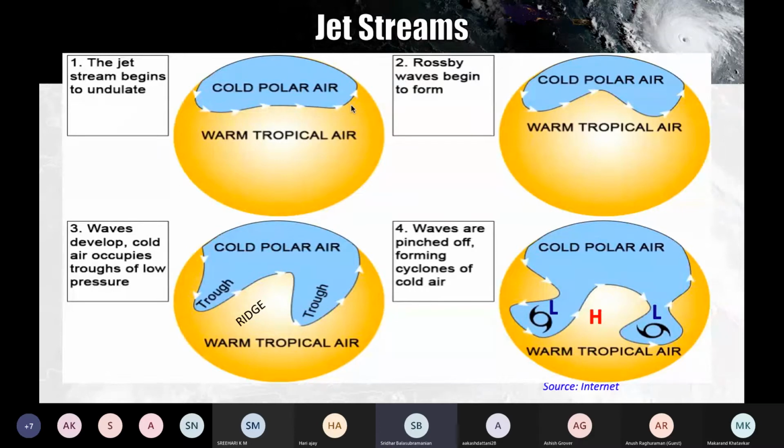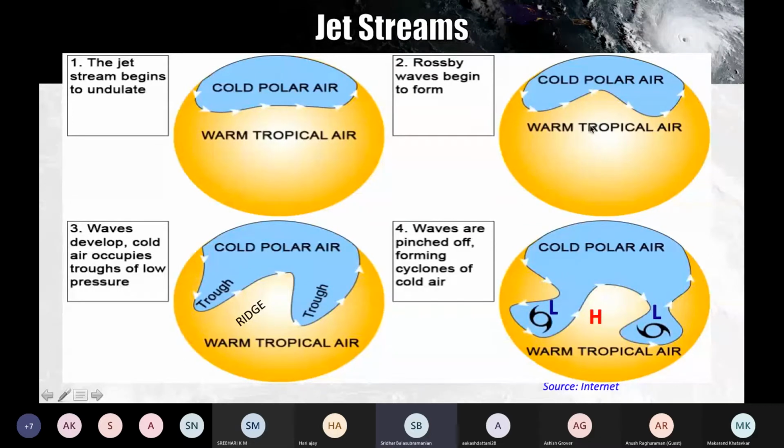Let us just understand what happens to a polar jet stream. There is cold air, there is warm air, and when the tropical warm air starts becoming colder, then it actually starts pinching the jet stream.